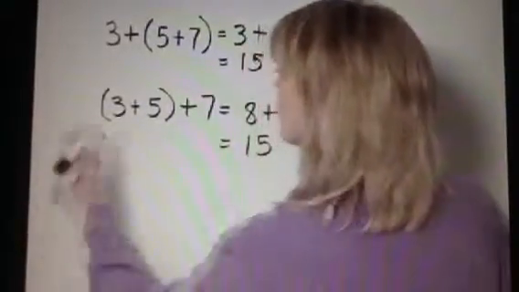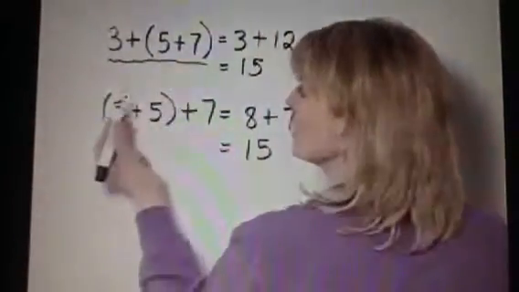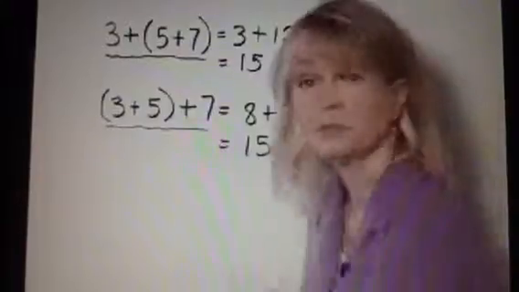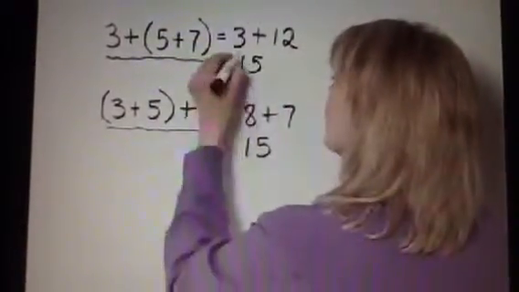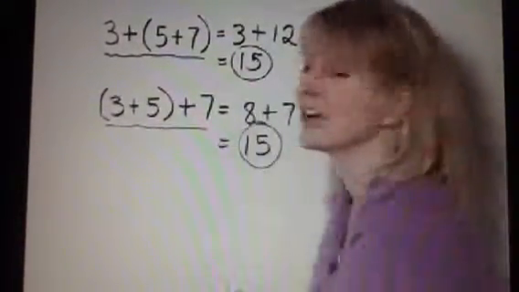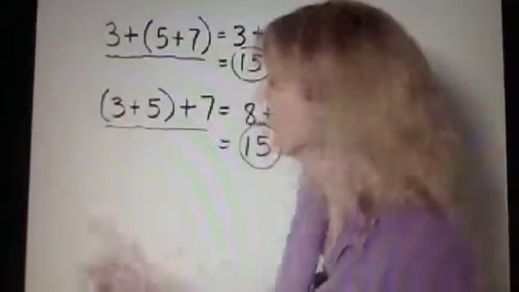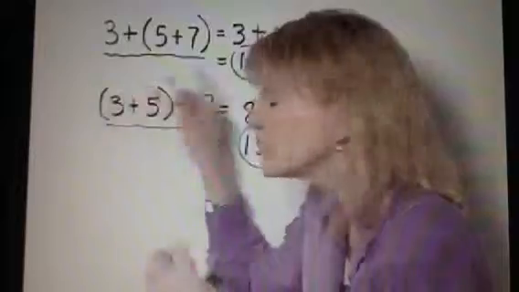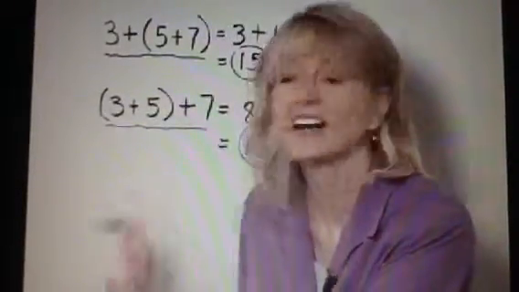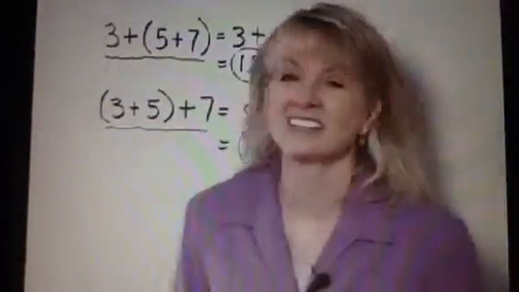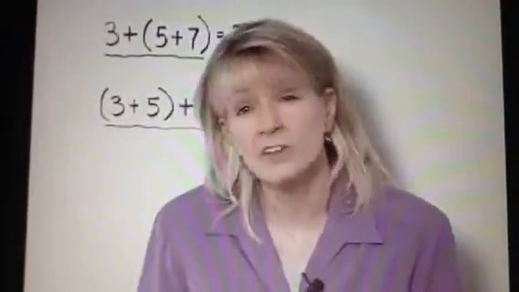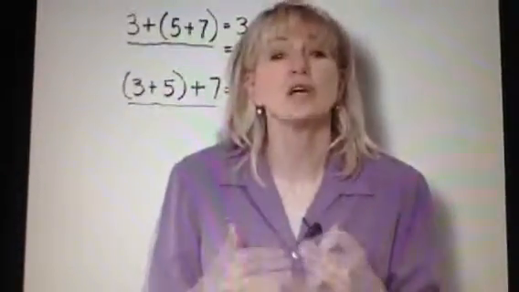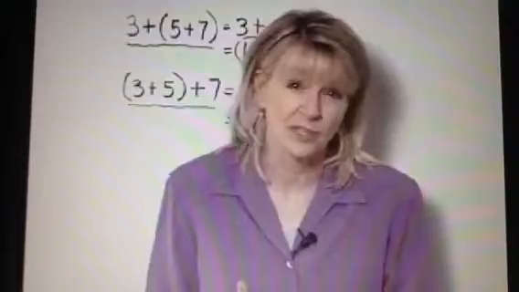So, in other words, changing the grouping of addends, which is what I did, does not change their sum. This is showing that 3 plus in parentheses 5 plus 7 is equal to in parentheses 3 plus 5 and then plus 7. We use all these properties to help us add whole numbers.